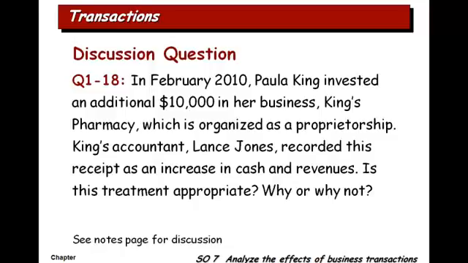It wouldn't be proper. The transaction involves the receipt of cash, but it doesn't represent a revenue. Remember, revenues are the gross increase in owner's equity resulting from business activities, keyword core business activities, entered into for the purpose of earning income. This transaction is simply an additional investment made by the owner.